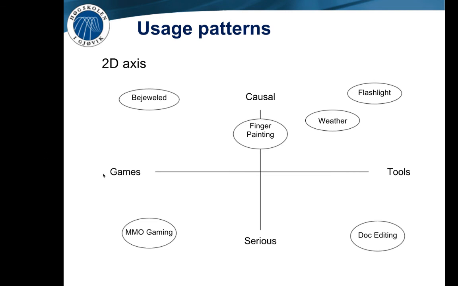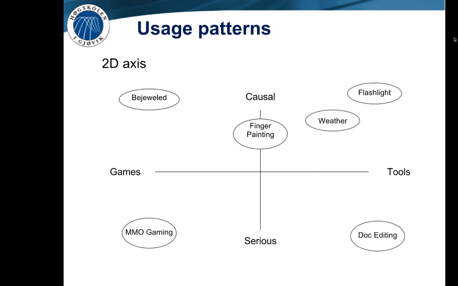So, you know, playful things, more serious things, useful utilities, and casual versus serious. So you can have some sort of serious games, or you can have very casual games, and then you can have very casual tools like a flashlight, or you can have some text editing things, right?